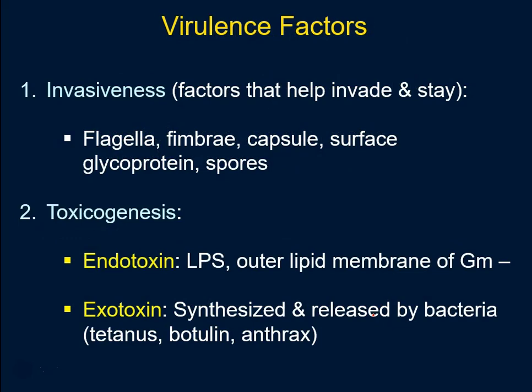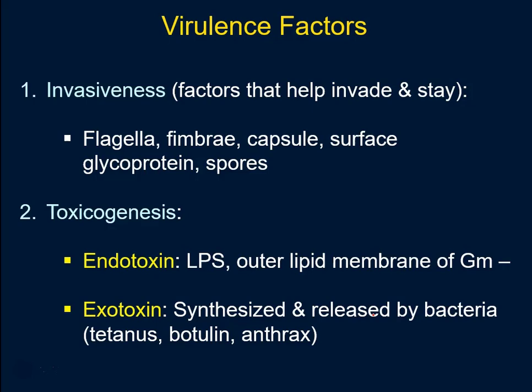So let's talk about virulence factors. Now, we can divide up the virulence factors into two different categories. There's one group of virulence factors that has to do with how the bacteria can invade the host. These factors will help the bacteria get into the host and stay there and fight off the immune system or even antibiotics.